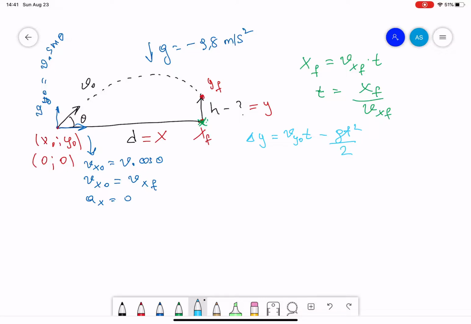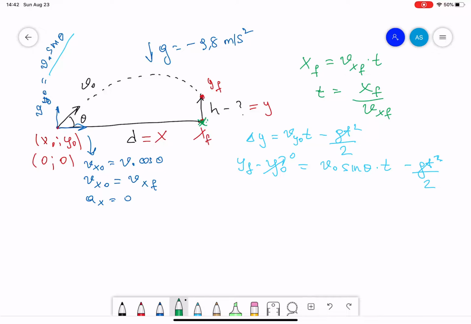Delta y is simply y final minus y initial, and since y initial was 0, we just keep y final, which is equal to v initial sine theta times t minus g t squared over 2.